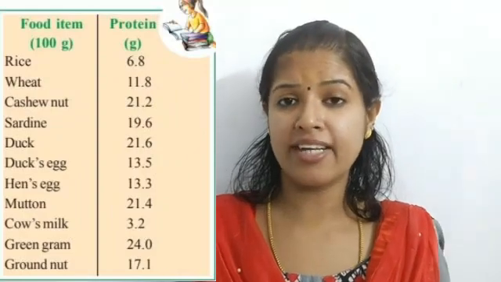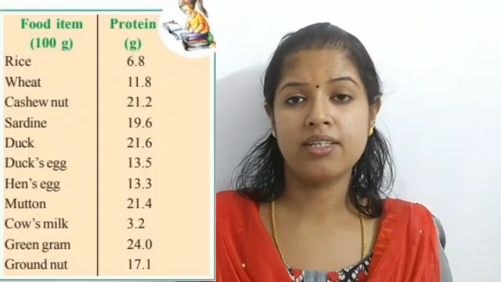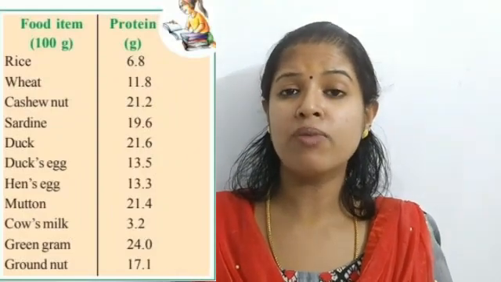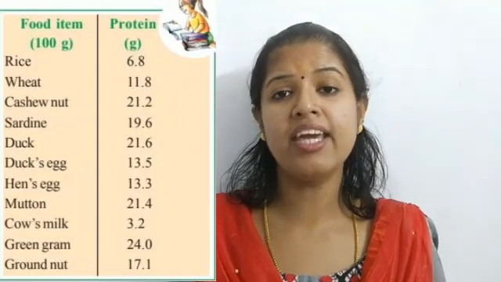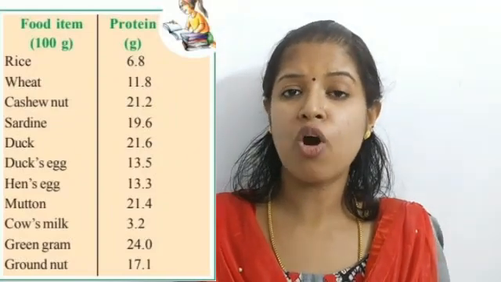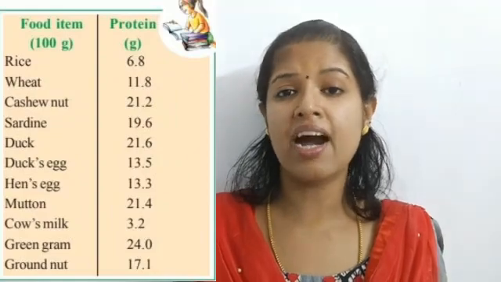It's given in your textbook. These are the food items and how much protein each contains. Actually, in our diet, the body requires 1 gram of protein. That is the measurement we require in our diet.